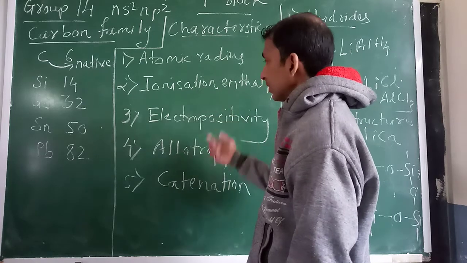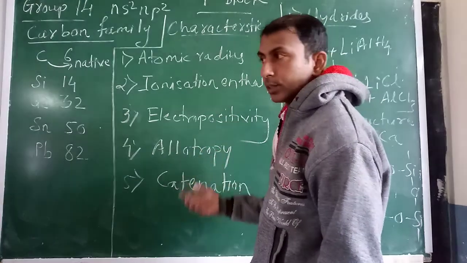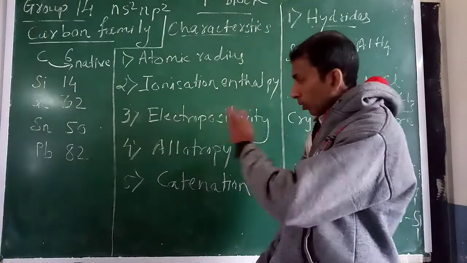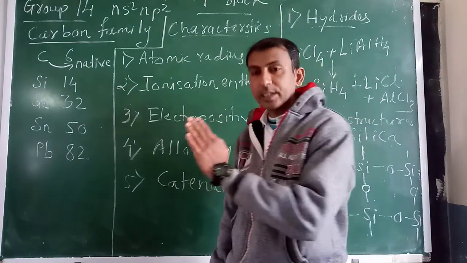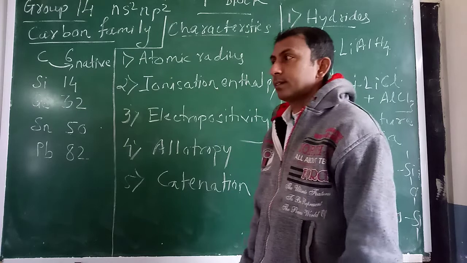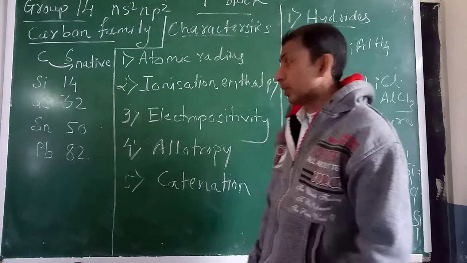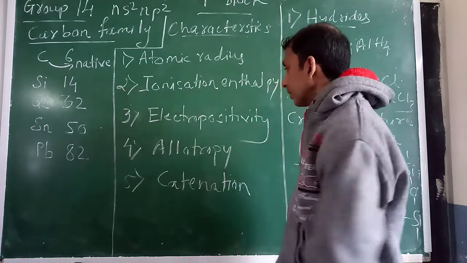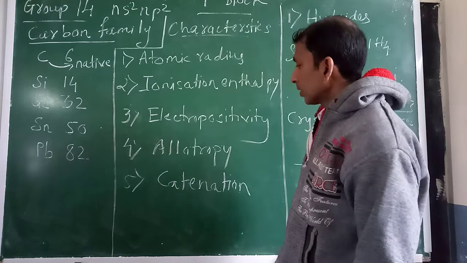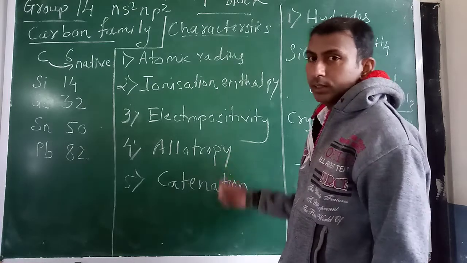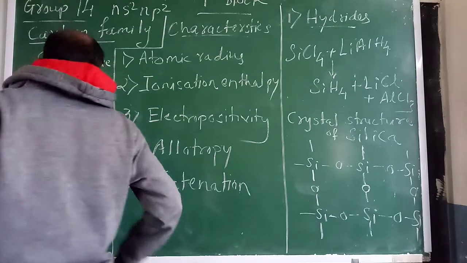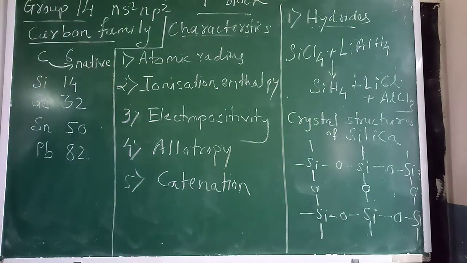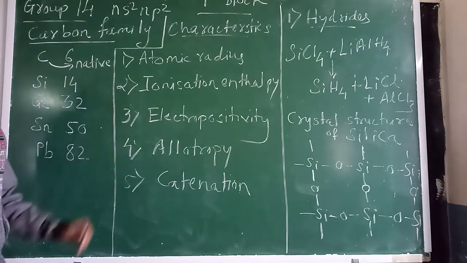Electropositivity will decrease automatically, because as you move to the right, electronegativity increases as nuclear charge increases. Now these are the two main characteristics of group 14 elements. The first one is allotropy.